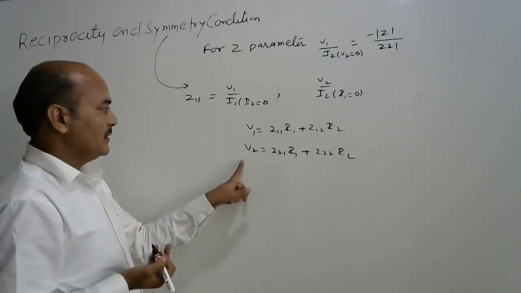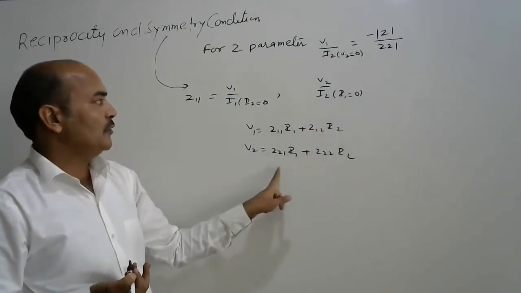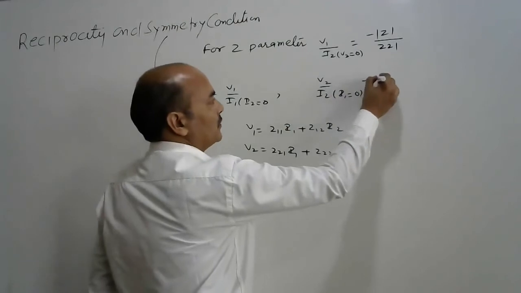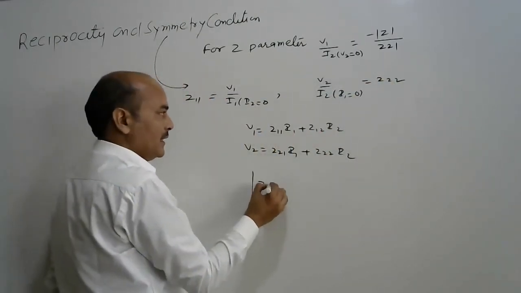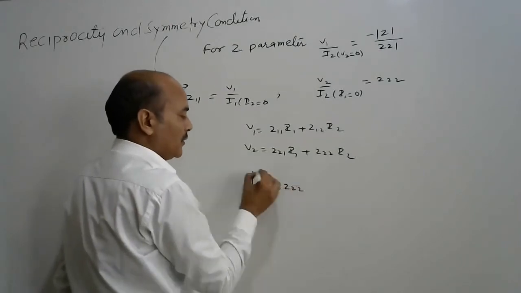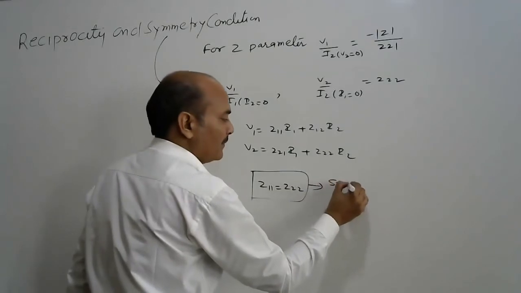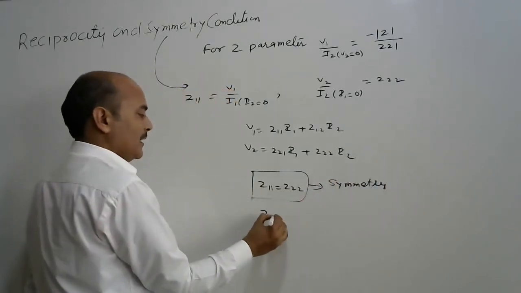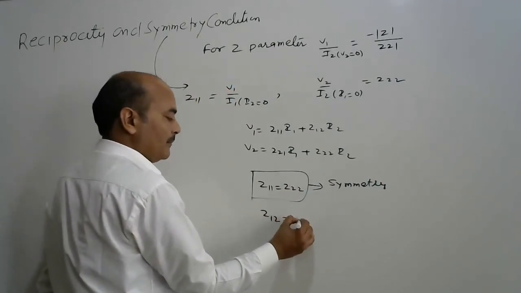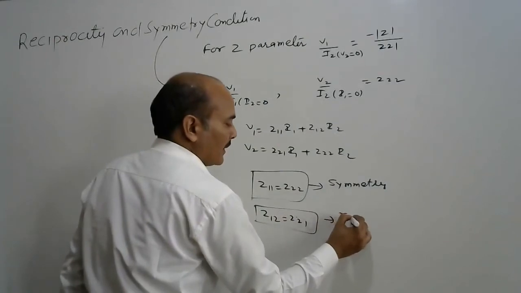The second time, with I1 equal to 0, V2 upon I2 becomes Z22. When we make them equal, the condition is Z11 equal to Z22. So this is the condition for symmetry, and Z12 equal to Z21 is the condition for reciprocity.